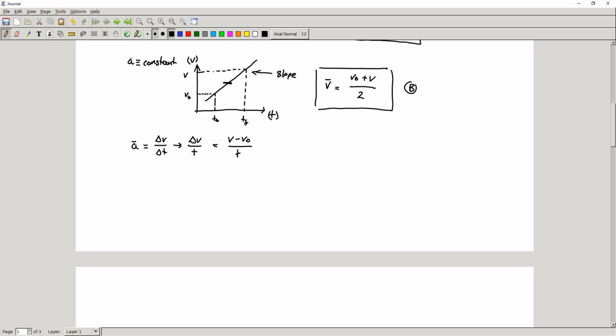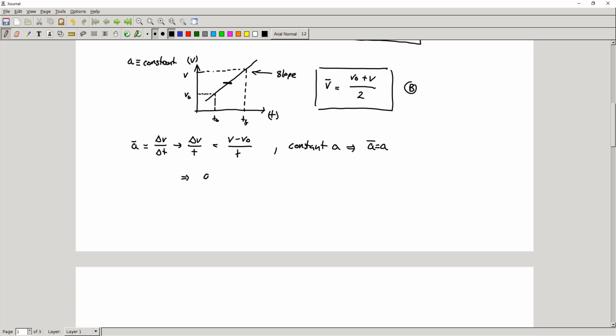But it must be true, as we stated above, that if we have constant acceleration, then this means that a bar is equal to a. And so this gives us the following expression.